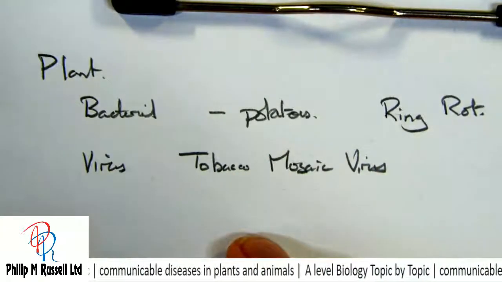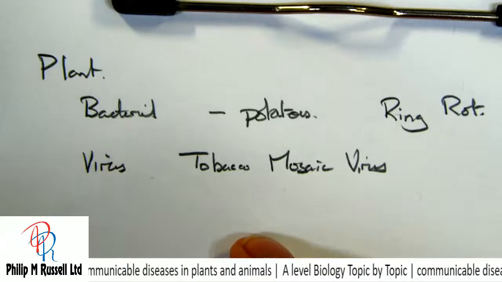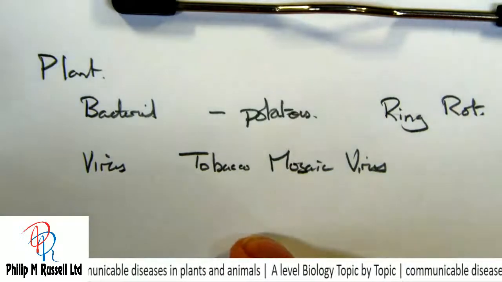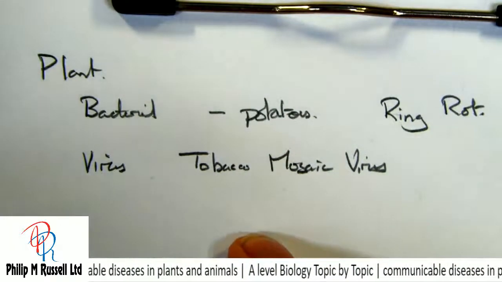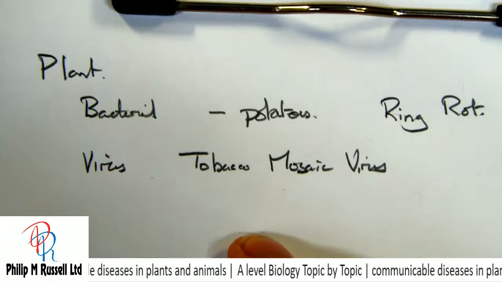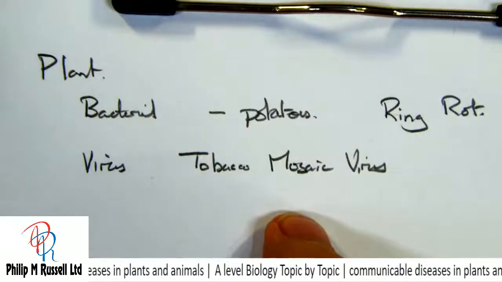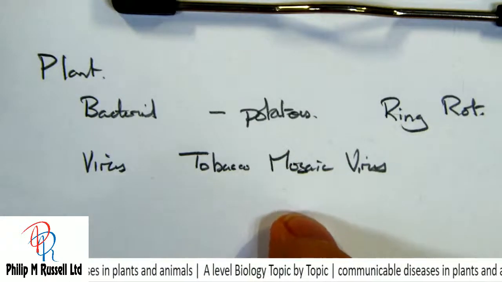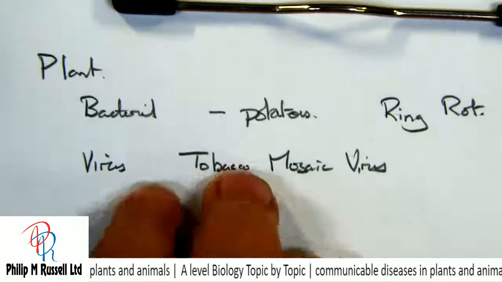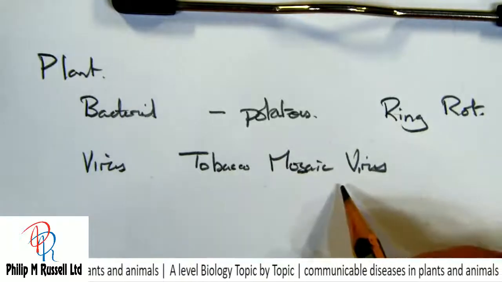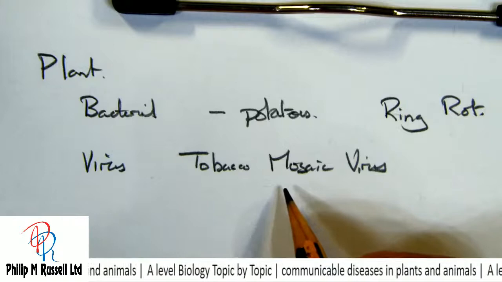This affects, of course, tobacco plants and quite a lot of other things like tomatoes and peppers and cucumbers and petunias and various other plants, and it damages the leaves, the fruits, flowers, stunting growth, and there is no cure for this apart from burning the infected stuff. More is known about this because of it affecting tobacco plants and the tobacco industry.